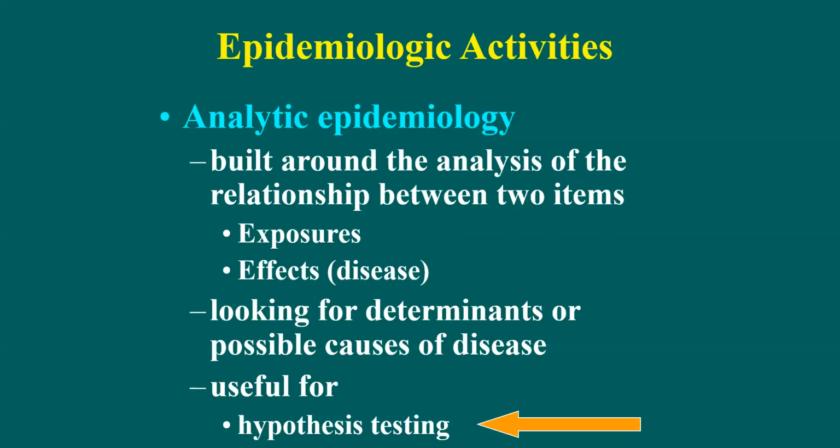If you are exposed to this, are you going to develop a disease? So that's the analytic part. We are looking into relationships between two things. We are also looking for determinants or possible causes of disease. And analytic epidemiology is useful for hypothesis testing.